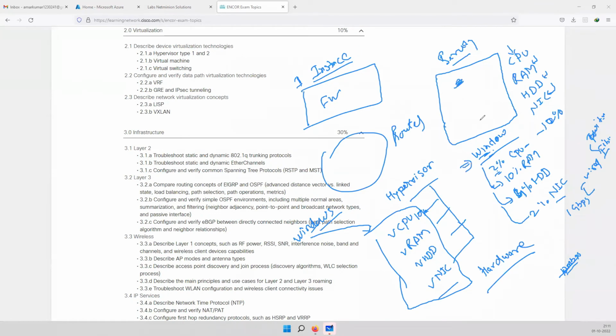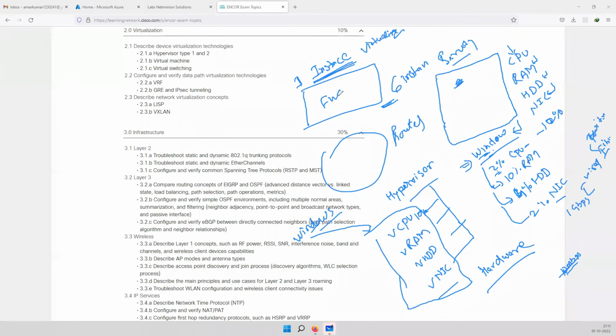Earlier, this server was running just one Windows. When you do the virtualization, you can host multiple Windows on the same server. In the same way, earlier this was running a single firewall instance. When you do the virtualization, according to the capacity of this hardware you can run multiple instances. Let's say the capacity of this hardware is 6 instances.